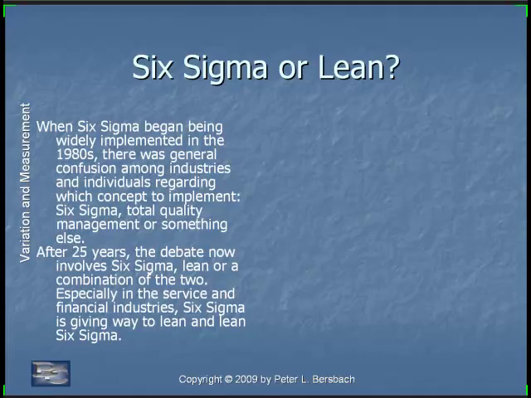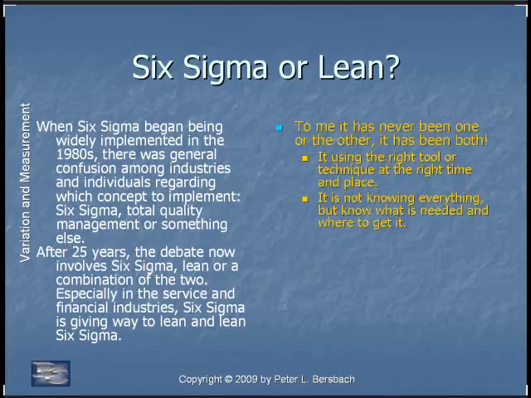I'm going to kick it off with my thoughts on it. To me, when I first got involved with Six Sigma, it was never about one or the other. Lean, when it came up where I used to work, was Agile, and it devolved into Lean.